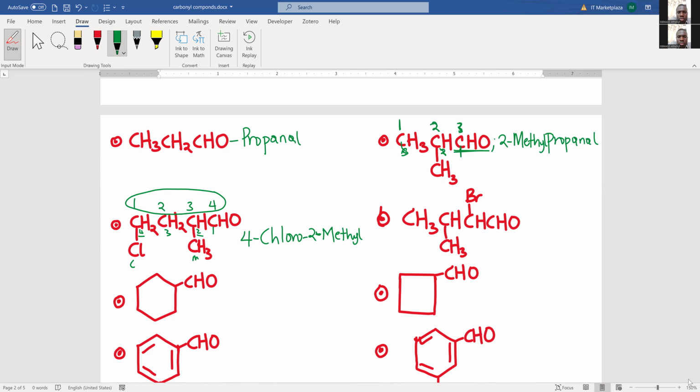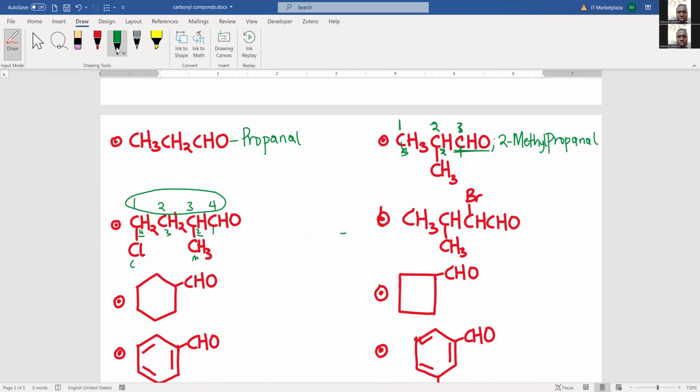Just that here I don't have space, but this is one name, butanal. Don't leave spaces. So that is the name, 4-chloro-2-methyl butanal. I think I can take this off. We've taken note of it. That one has been named.